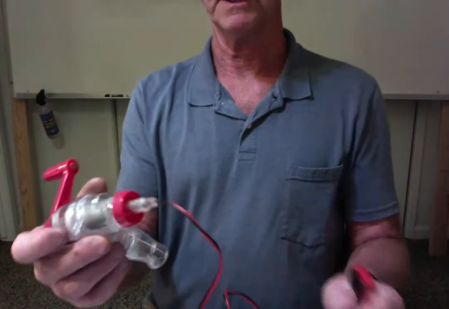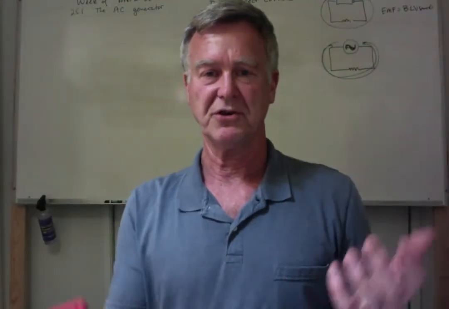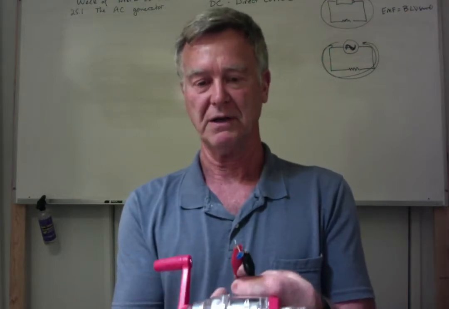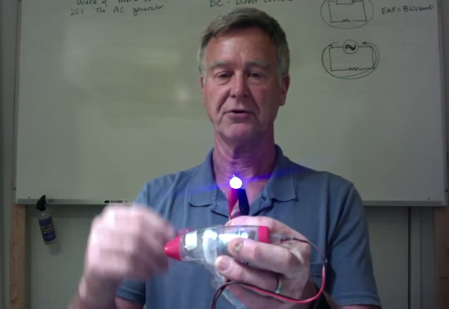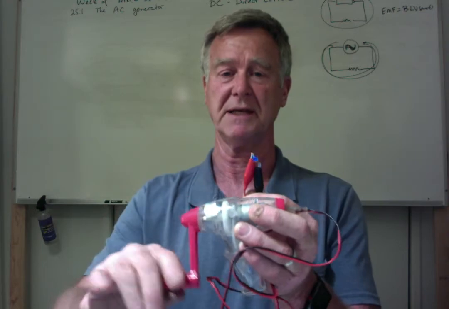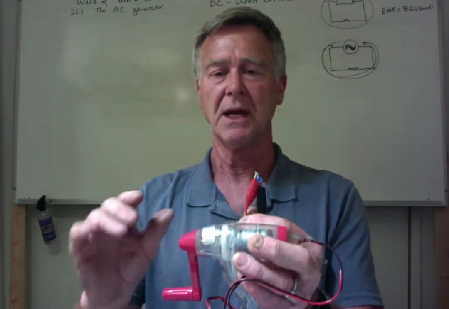Now, I want to show you something that's kind of interesting, because at this point you say, well, then you're getting something for free. No, you're not. This is where electricity is tied in with the rest of the laws of physics. In order to make that light up, I have to turn that. I have to do work here to make this turn, and it causes that to light up.